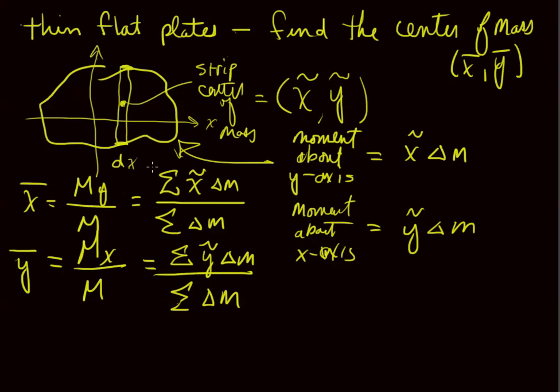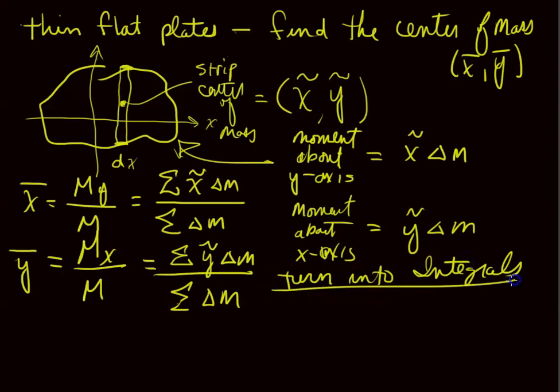So the way we're going to use it, because of those Riemann sums, x bar will be the integral of x tilde dm over the integral of dm.